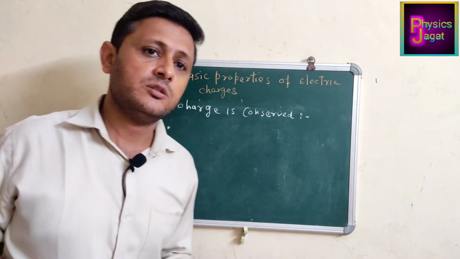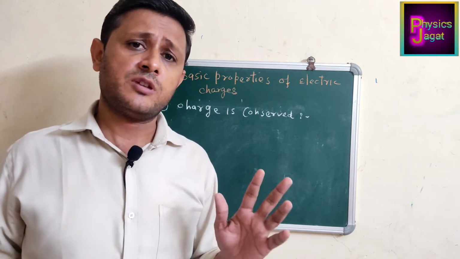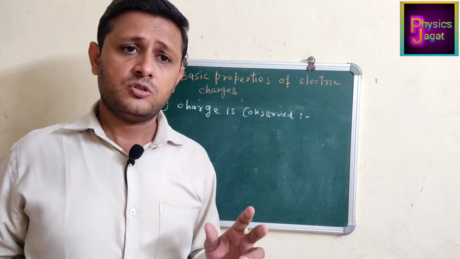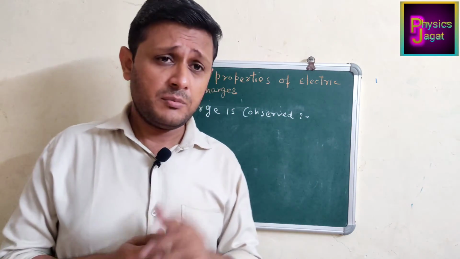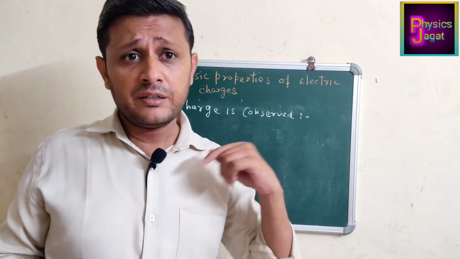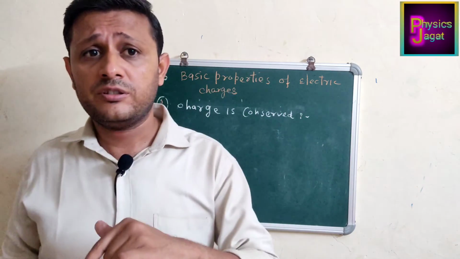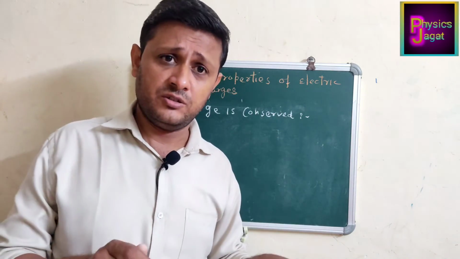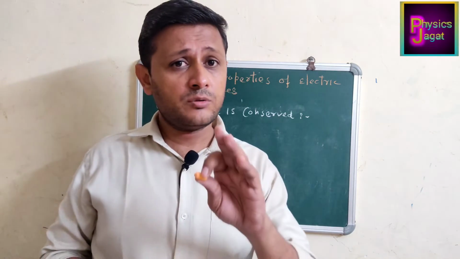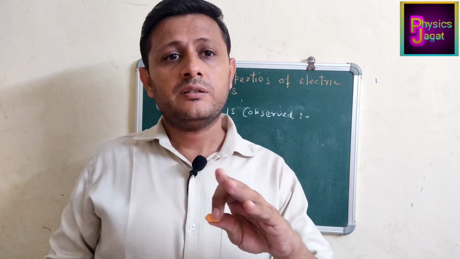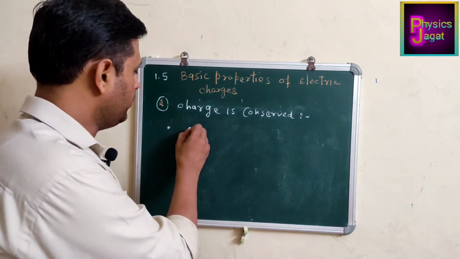In an isolated system of n number of charges, there are interactions between the charges, but it does not mean that charge is created or destroyed in the system. Charge always remains conserved in the isolated system also. One more example that I want to give you about charge conservation is the neutron.